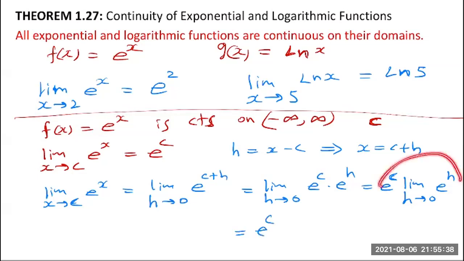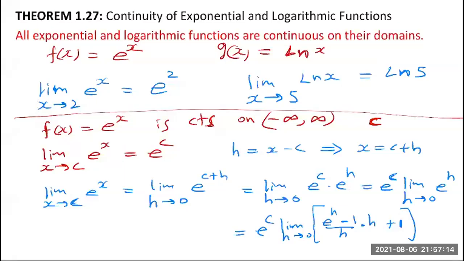I'm going to rewrite this expression this way. Let me know whether you agree with what I'm writing. Limit as h approaches 0, I'm going to write e to the power h. All I'm doing is rewriting this as e to the power h minus 1 divided by h, times h.